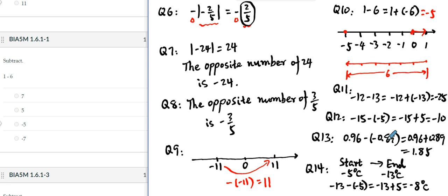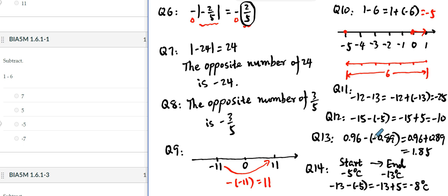Minus a number means plus the opposite number. We change minus to plus and then find out the opposite. What's the opposite of negative 0.89? It is positive. Or you may consider negative is positive, since here is a round bracket, again, not the absolute value.